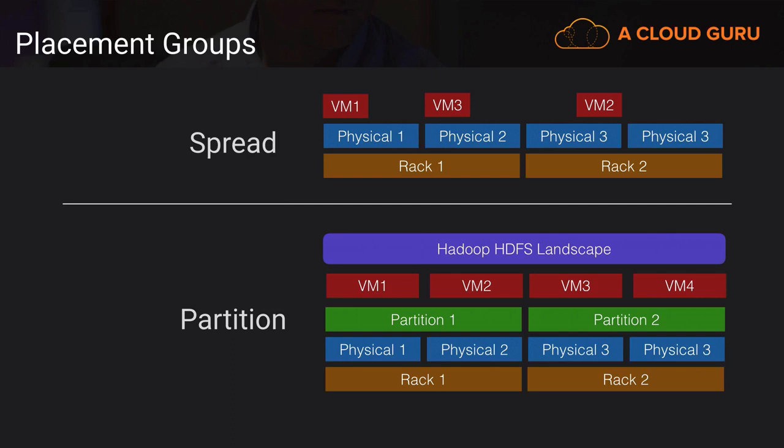We still have the resiliency because our application inherently can deal with those nodes going offline, and we still have the benefit of hardware diversity. For example, in our distributed application, in this case a Hadoop HDFS landscape, we can tolerate having VMs go offline. That particular landscape is tolerant of machines coming in and out. But by using partition placement groups, we are still able to have some benefit of hardware diversity.